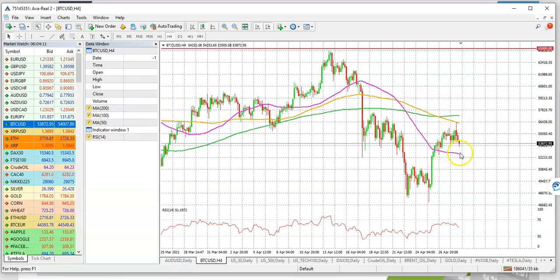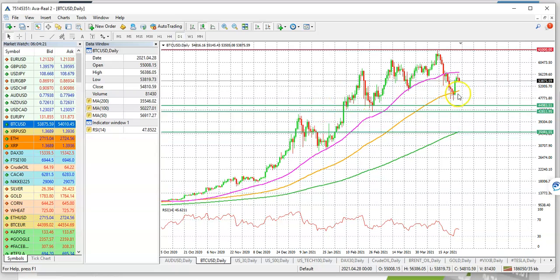If the price cannot stay above the 50-day simple moving average, then that means the price is going to go down, and this 100-day simple moving average is highly likely to be violated, and the price is likely to revisit these particular price points.